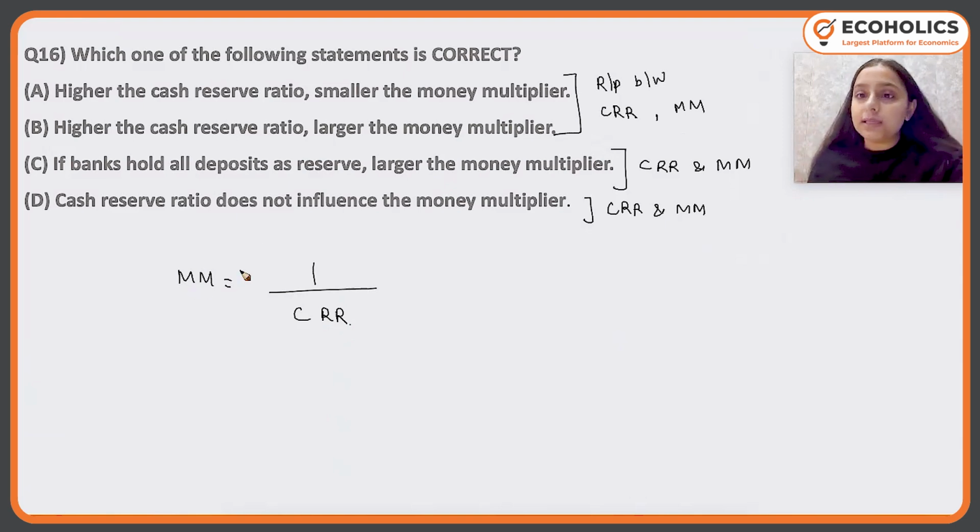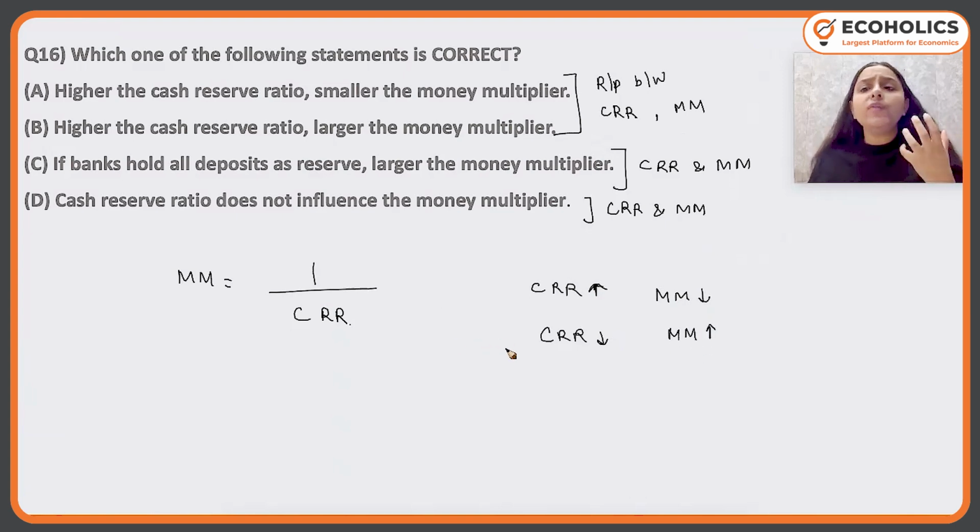Now you can see that they have an inverse relationship. If CRR is going to increase, money multiplier is going to fall. If CRR is going to fall, money multiplier is going to increase. Or in very simple words, if CRR is a large value, money multiplier will be smaller. And if CRR is a smaller value, money multiplier will be higher.